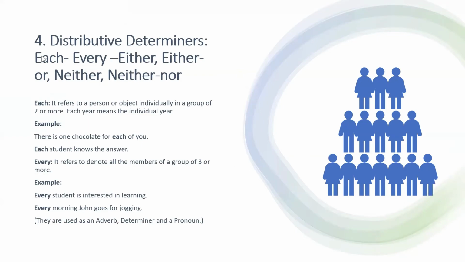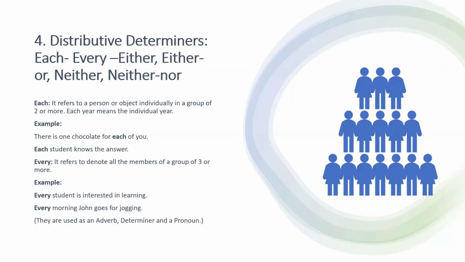Number 4 is distributive determiners: each, every, either, either/or, neither, neither/nor. Look at it. At first, each. It refers to a person or object individually in a group of two or more.